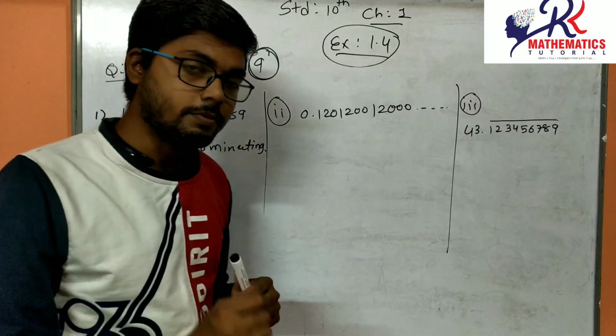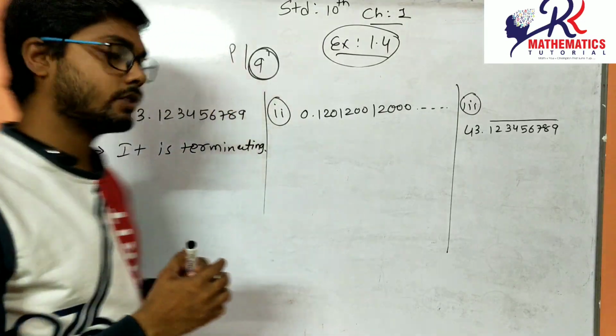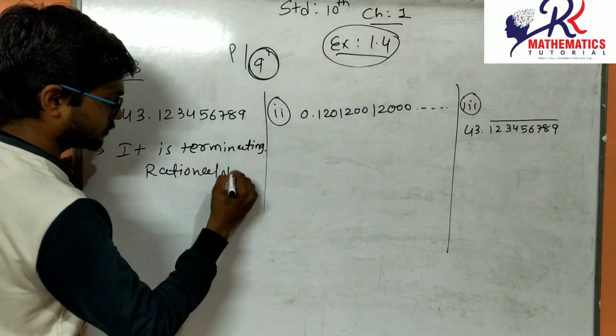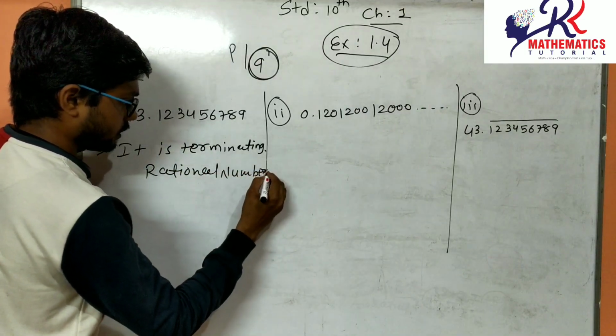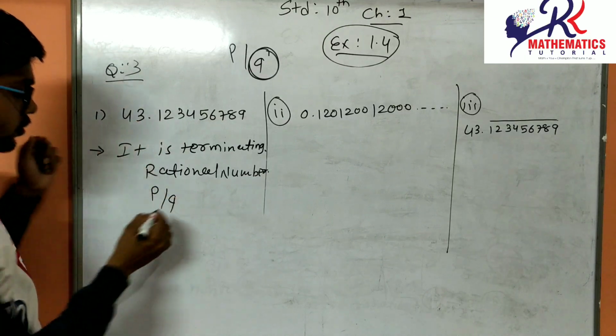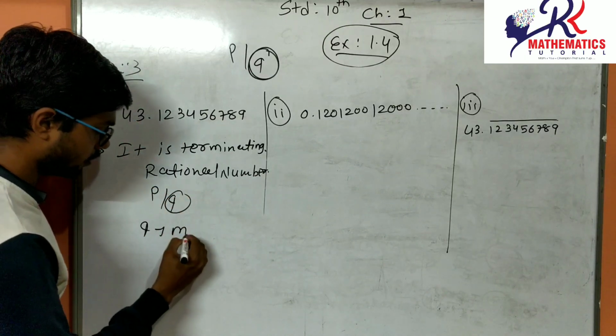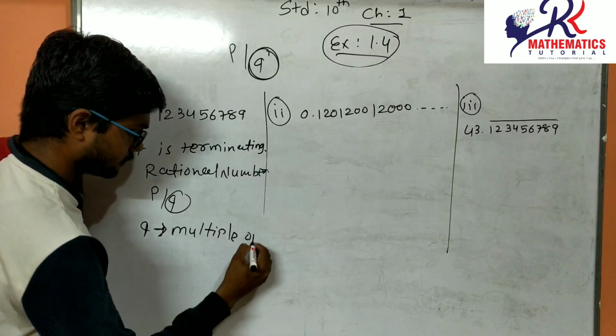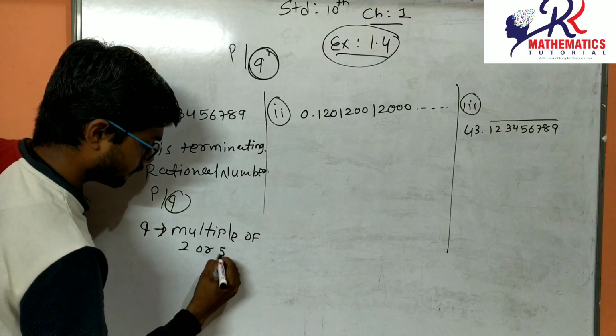Now terminating numbers are always rational numbers, so it is a rational number. It means when we write the p by q form of this number, the q must be a multiple of 2 or 5.